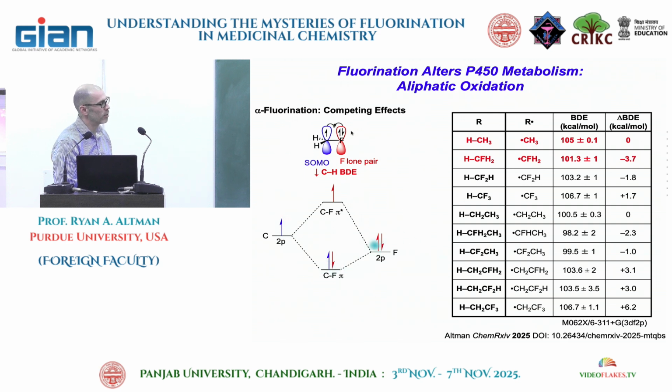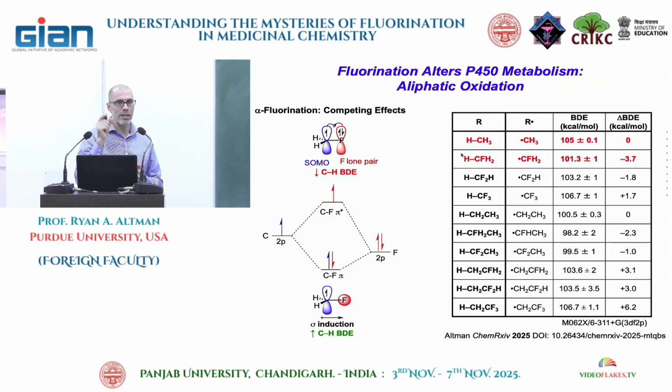The other electrons from fluorine go into the pi star, but we have two electrons going down, one up. It's ultimately a stabilizing substitution. That's why you see the weaker BDE. It's more facile to abstract this hydrogen atom, alpha to a fluorine atom. You have monofluorination.